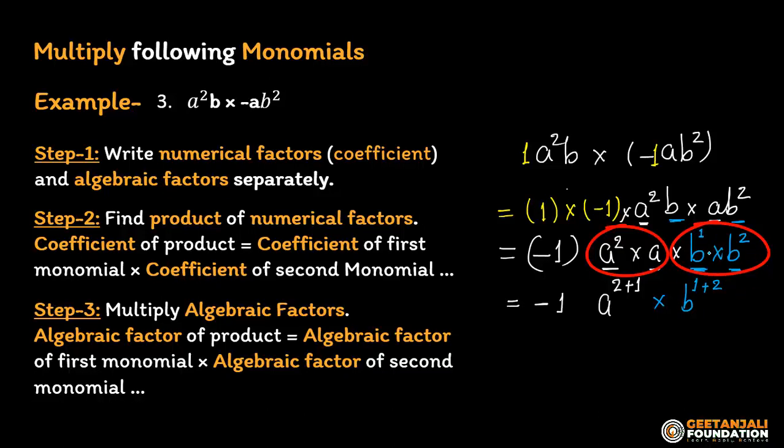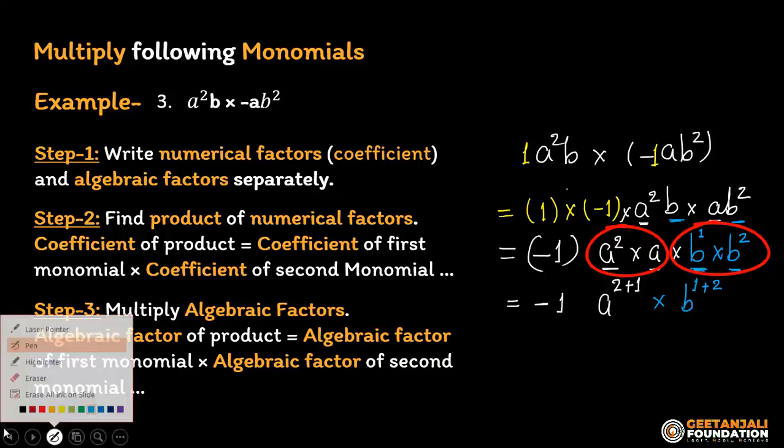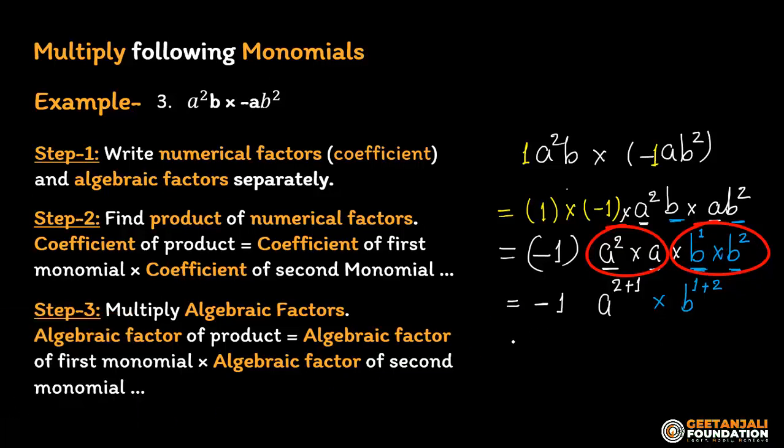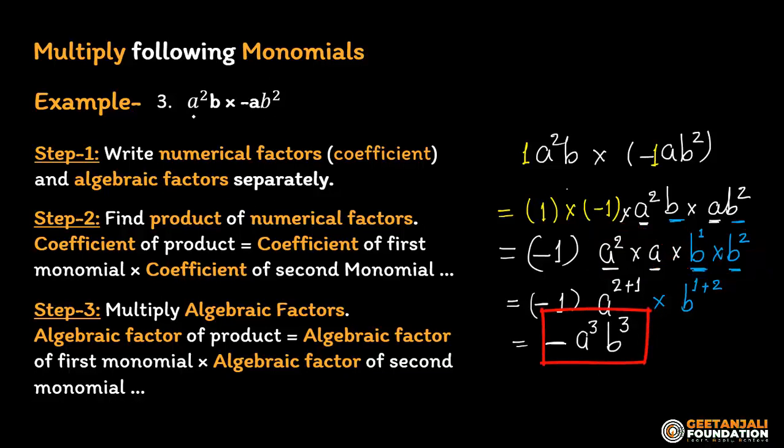So 1 plus 2, I will add their exponents to get the final result. So finally after multiplying I will get minus 1, which I can also write as negative a raised to 3 b raised to 3. So this is our answer. When we multiply a square b with minus ab square, our answer is minus a cube b cube.